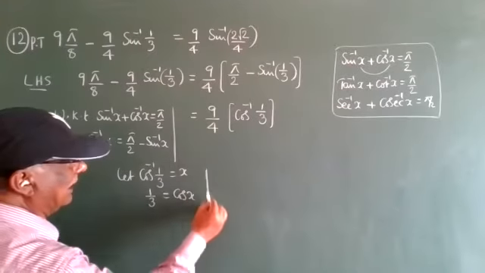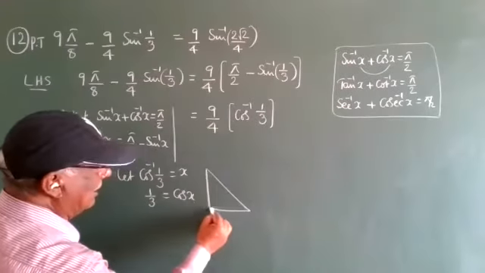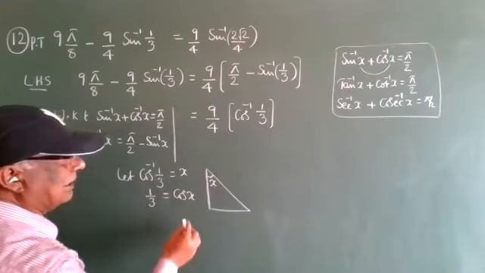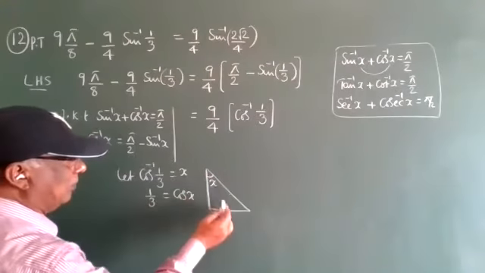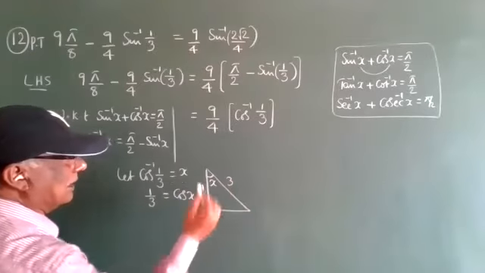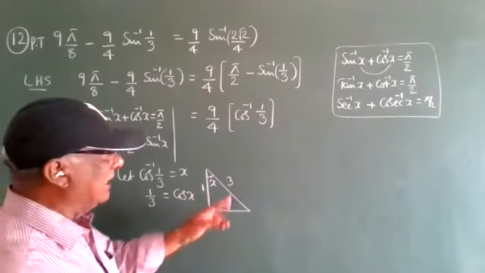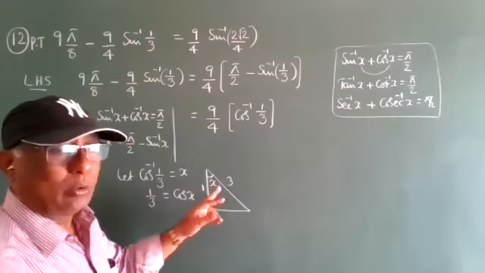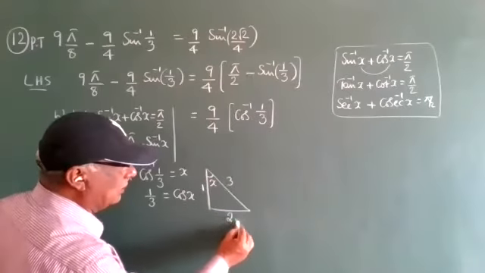Draw the right angle triangle. The angle is x, the adjacent side is 1, and the hypotenuse is 3. The opposite side is the square root of 9 minus 1, which is 8, the square root of 8, that is 2 root 2.